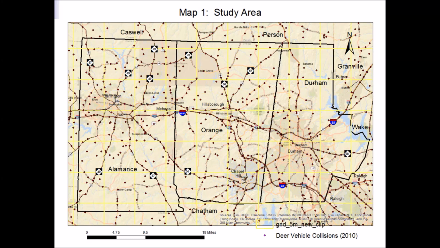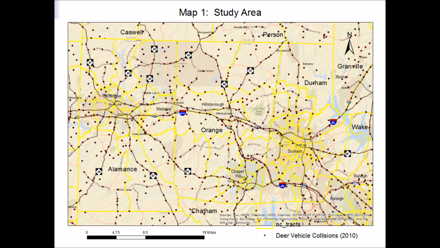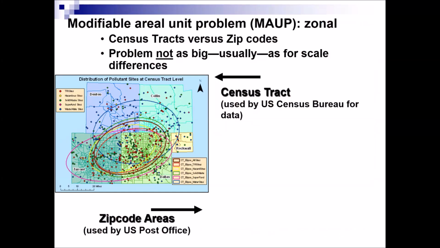Now, these quadrants are nice and neat because, well, deer don't really care about census tracts. They don't. And other things like highway miles and land cover and all those other things don't care about census tracts, whereas populations and other things do, which we collect data on. And so sometimes those are kind of problematic.